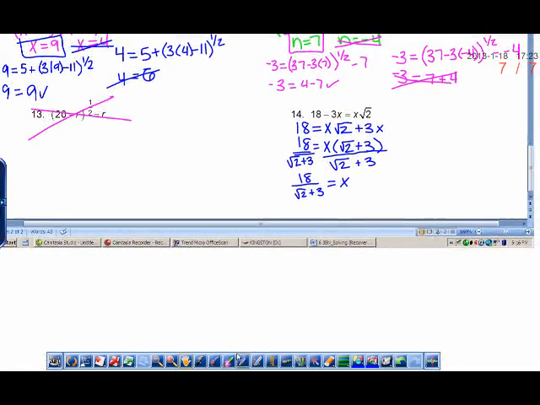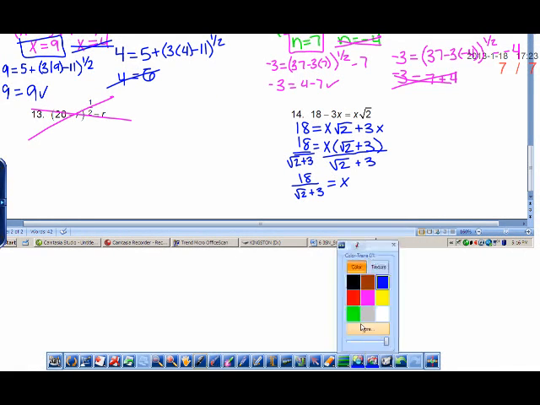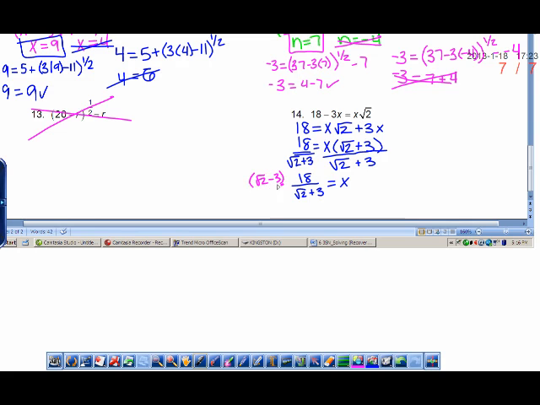Well, that's great, but my answer is not fully simplified yet because I have a radical in my denominator. So what I'm going to have to do is multiply by the conjugate. And remember that the conjugate would be (root 2 minus 3) over (root 2 minus 3). So I'm going to continue down here.